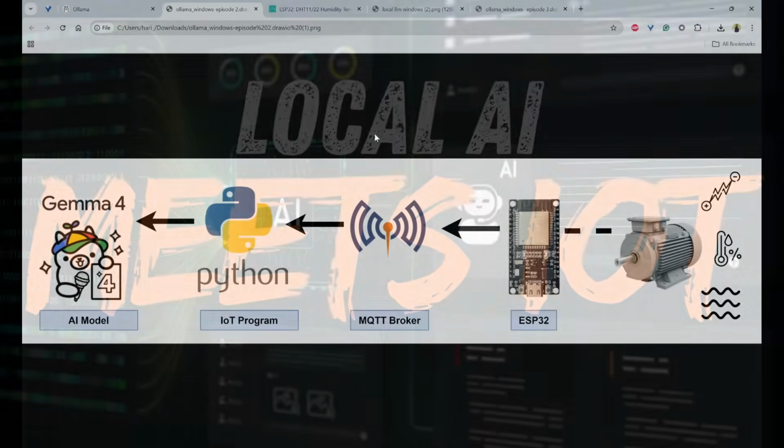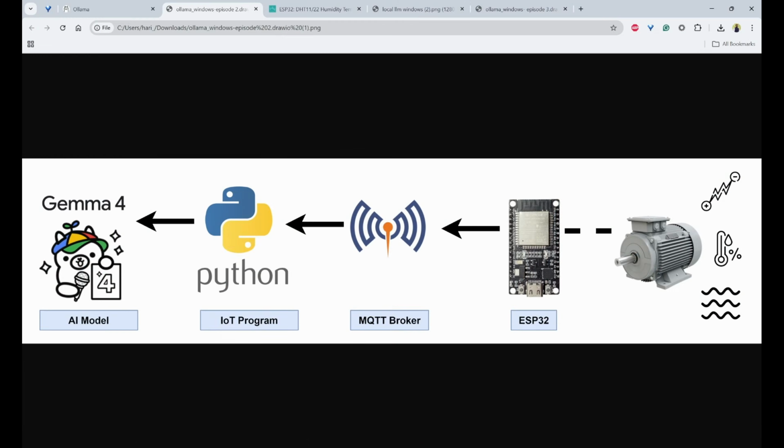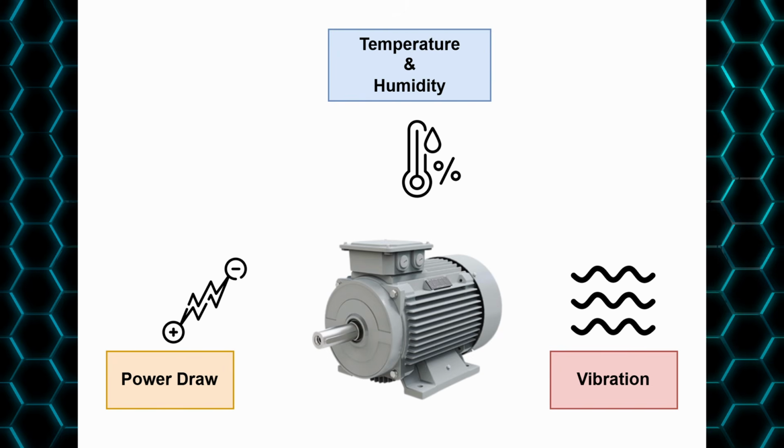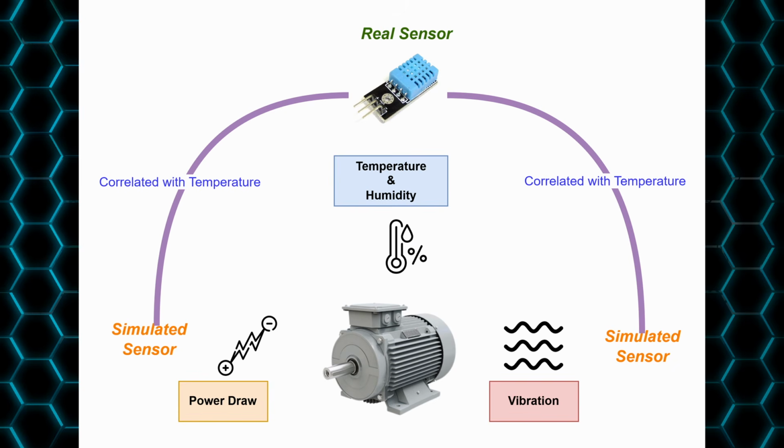Let's get started. If you see the data flow diagram here, we have a motor, and from this motor we are going to read three different values. One is the power, second is the vibration, and third is temperature and humidity. This is directly connected to the ESP32 via a physical DHT11 sensor, and some of them are simulated in the ESP32 firmware code.